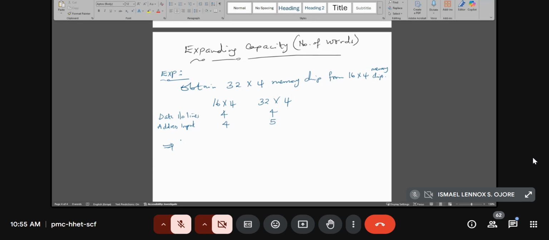So we can just make that observation here, since 32 memory locations are required, then 5 address bus lines are needed.